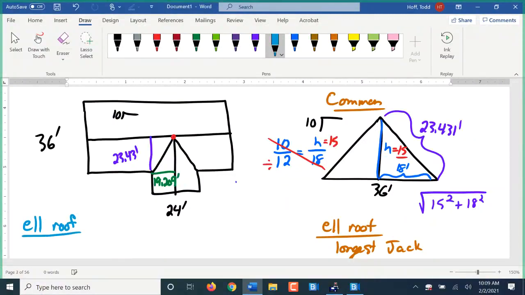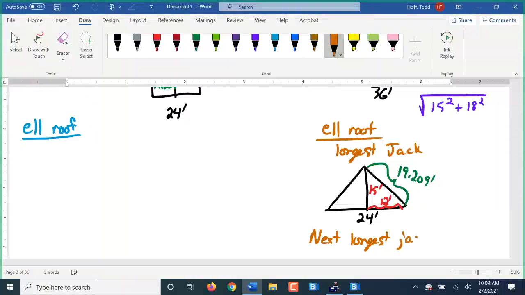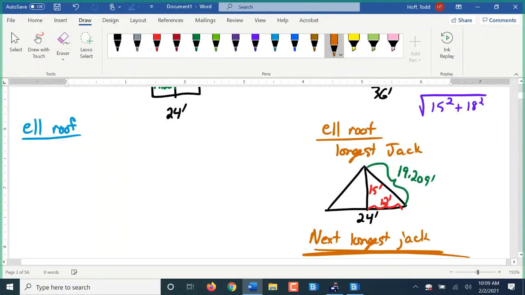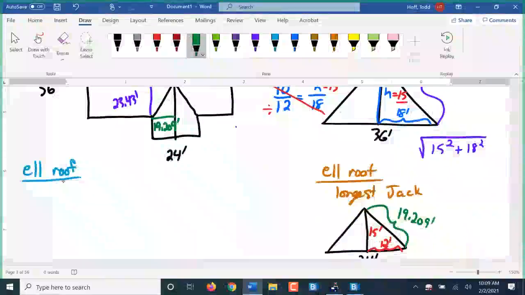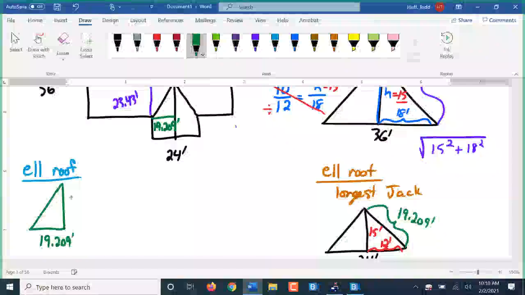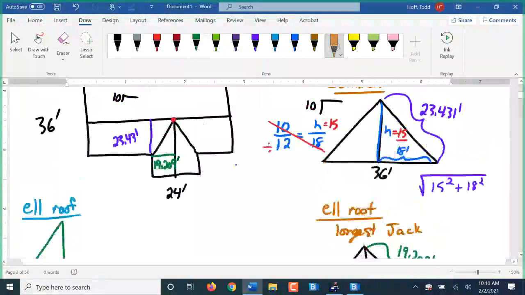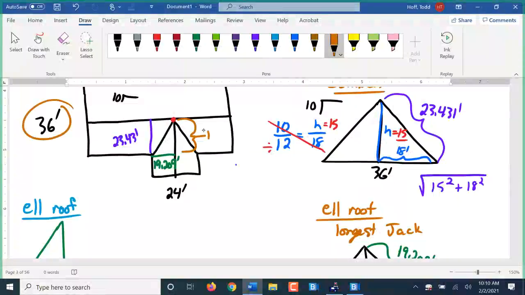And we are finding that next longest jack. So on the L roof, let me draw this a little bit better. Of the 19.209 feet here, we need to find this dimension. Well, from our drawing, that dimension is half of the 36-foot span over there.